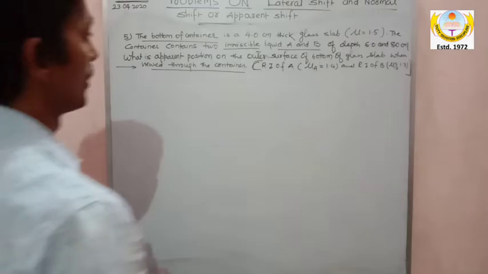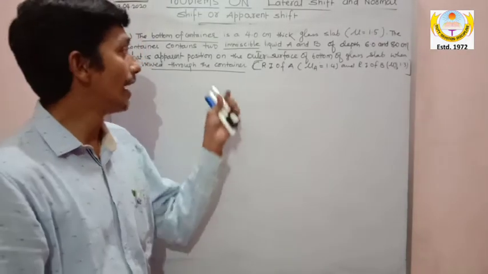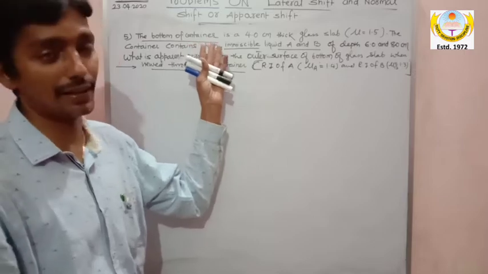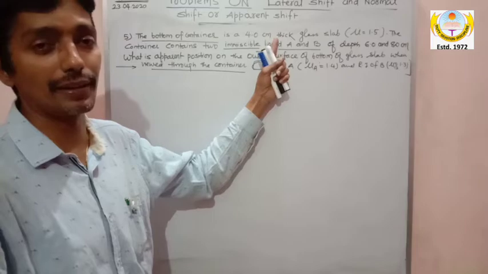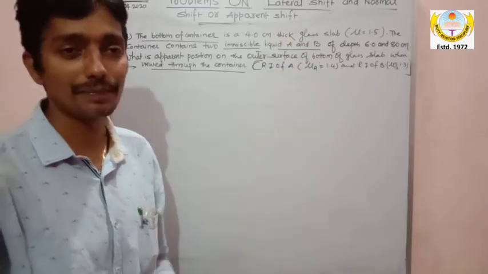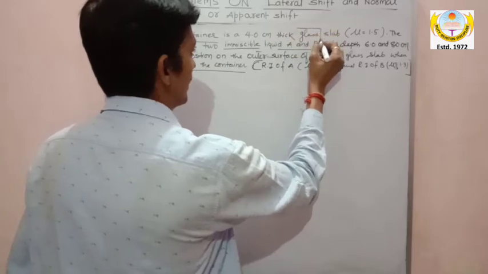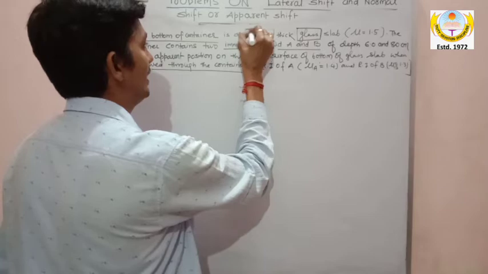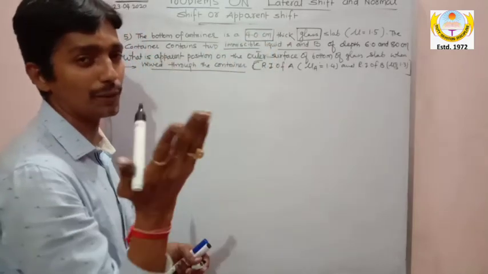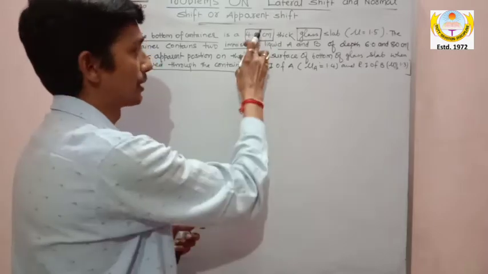Well, my dear, now look at this, the fifth question on apparent shift or apparent positions. The question says the bottom of the container is a 4 centimeter thick glass slab. It means the first media is glass, and the actual thickness, T, which I am taking in the formula, is 4 centimeter.